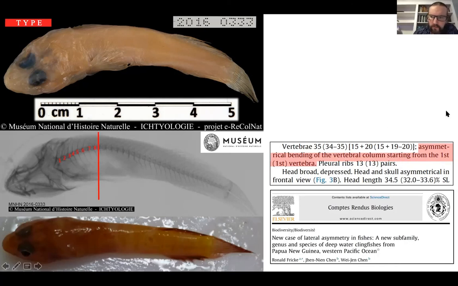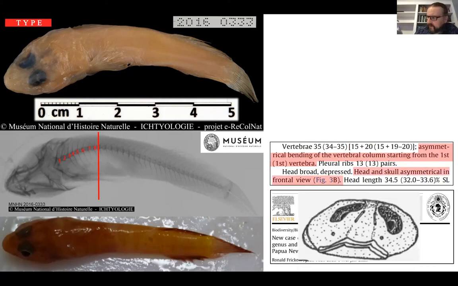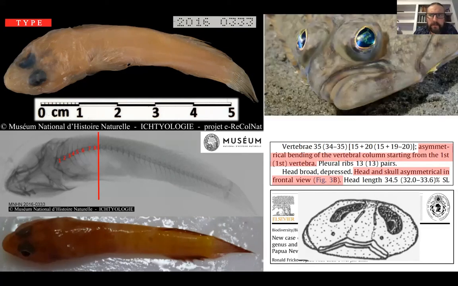So it's also an error in their paper. They also suggest that the asymmetry extends into the head, and this is only really evidenced by the illustration provided in the paper, which doesn't really provide much information. So if you ask me, I don't really buy that these fishes are asymmetrical.